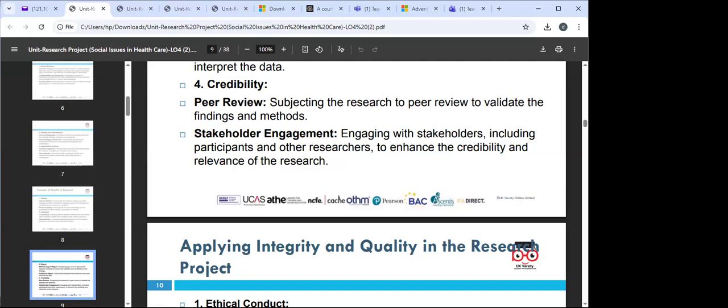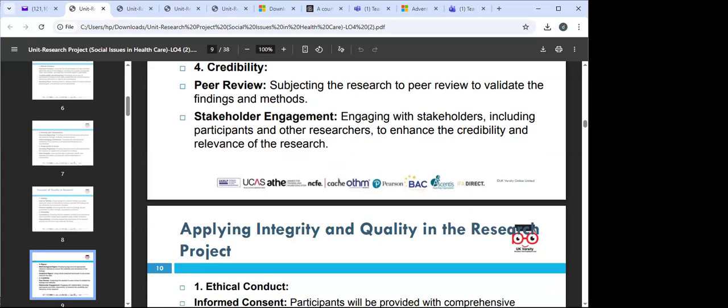When we say engage the stakeholders, probably you were tasked by a company to do the research, and probably they are paying you, or you were tasked by an organization to do that research. So they are stakeholders in your project work.